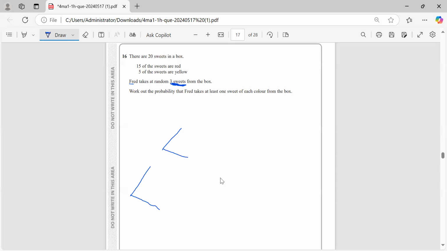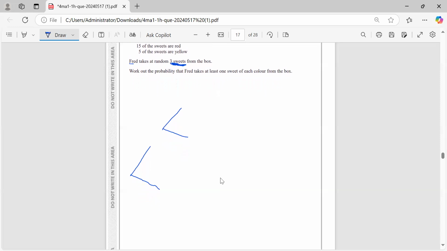All right, so we actually do the same over here as well. And then we move on to when Fred picks the last, or the third, sweet.